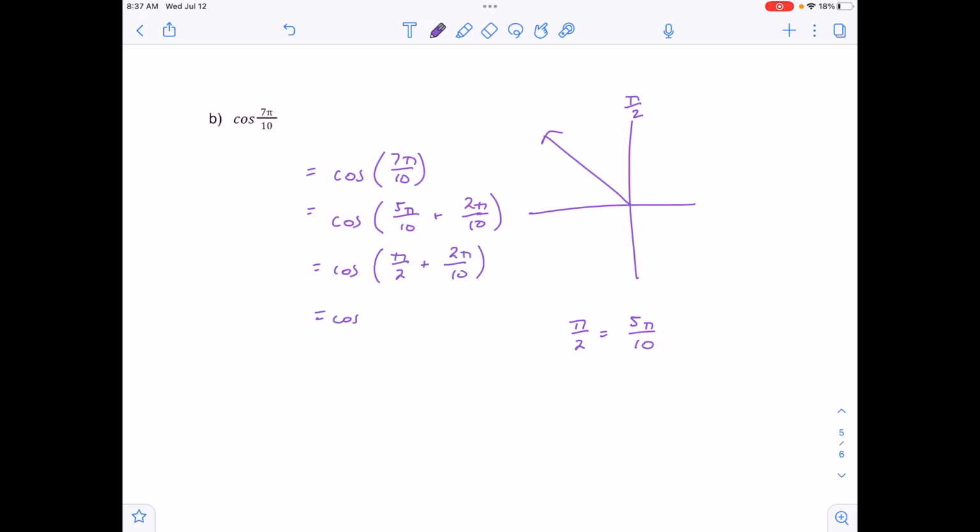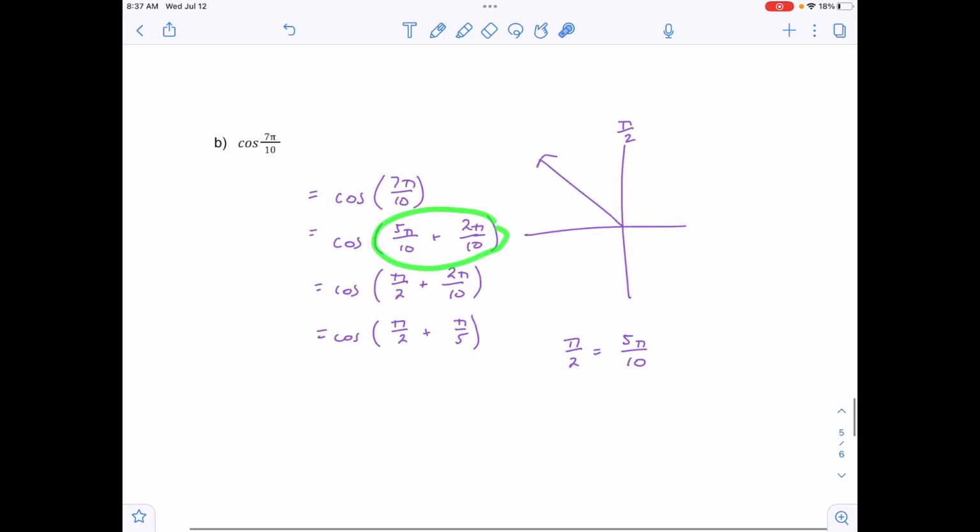And we can also simplify 2 pi by 10 as being pi over 5. Aha, here we go. What is this addition formula here? If we've got cosine in the brackets with an addition, what does it match up with? It matches up with a negative sine of the second number in the bracket there.